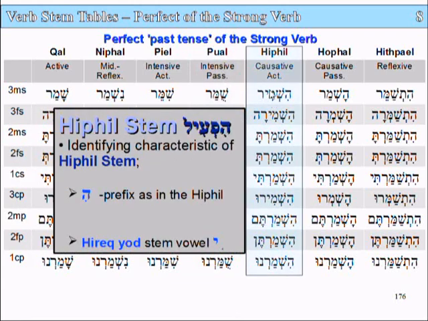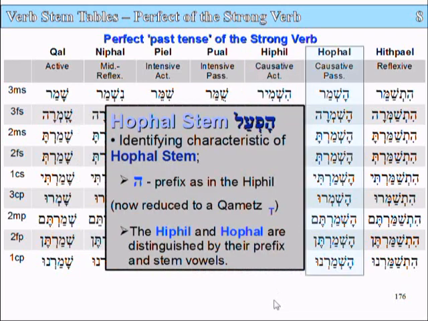Okay, and the hifel, it has a hay with a chirik in it as a prefix. Here it is here. And it has a chirik yod stem vowel, sometimes, on the 3ms and 3fs, and down here on the third person common plural.